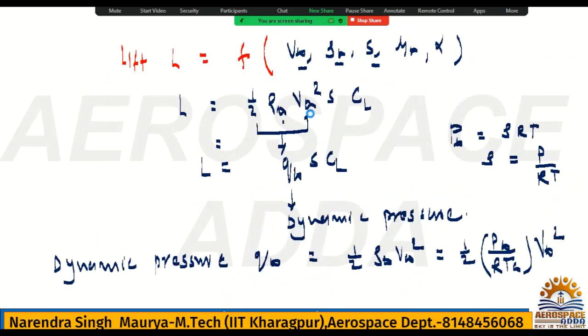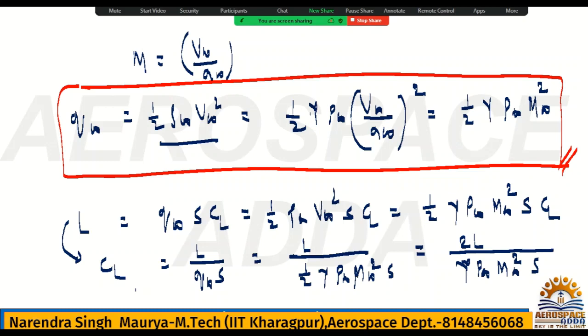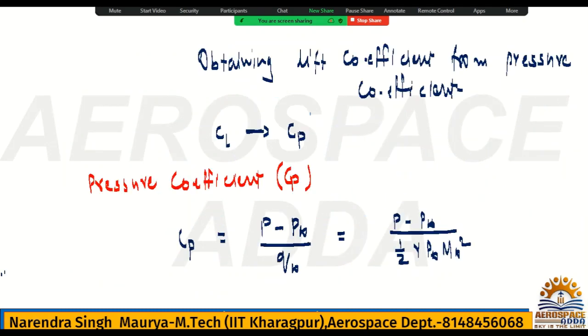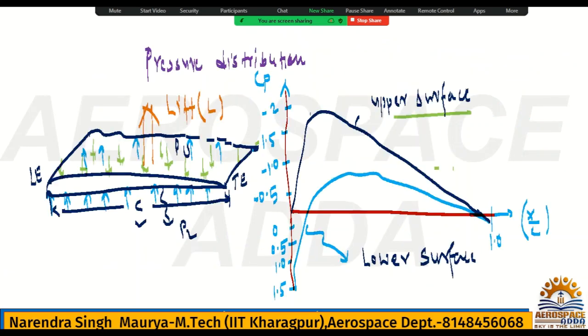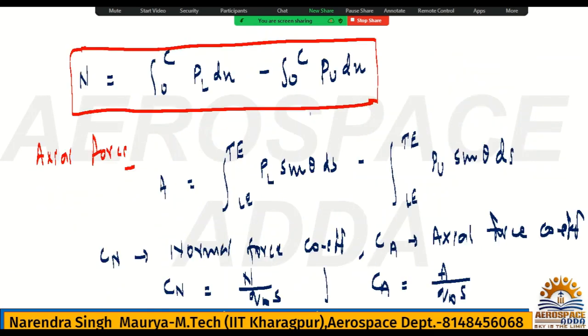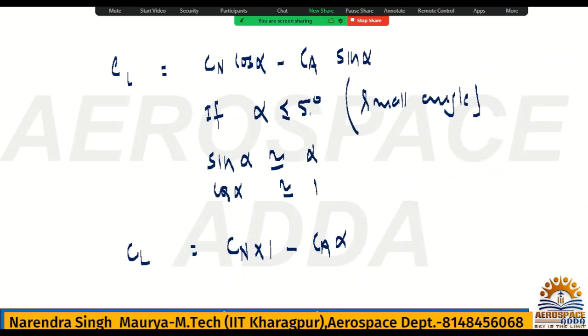So here you can neglect this axial force part also, it's very small. So what will be the CL approximately? You can say Cn.